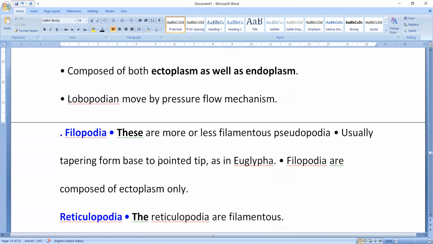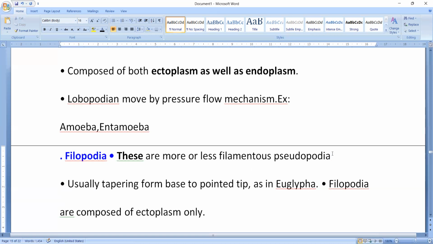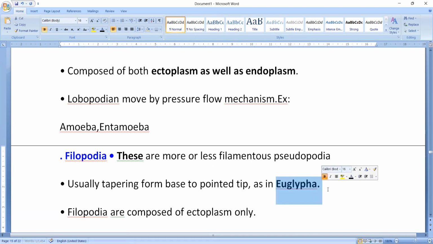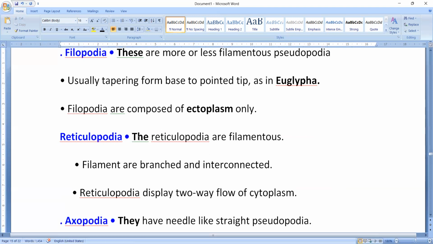Then filopodia: simple, filamentous or thread-like pseudopodia. Filamentous means thread-like. The example is Euglypha. Filopodia are made of only ectoplasm, unlike other pseudopodia. Pseudopodia లో ectoplasm ఉంటుంది, endoplasm, but here not like that.